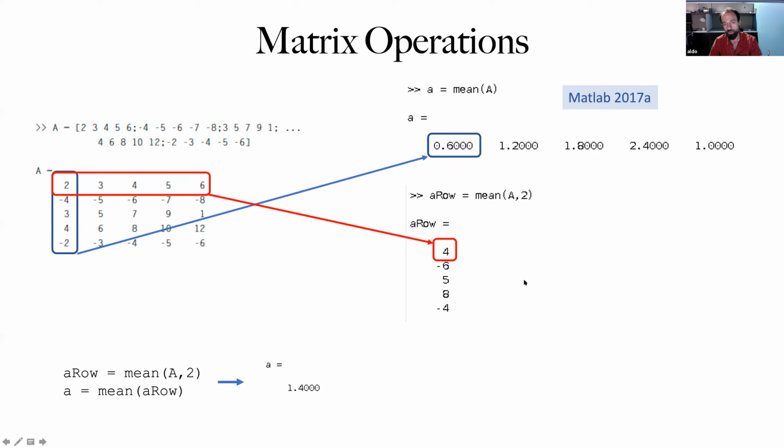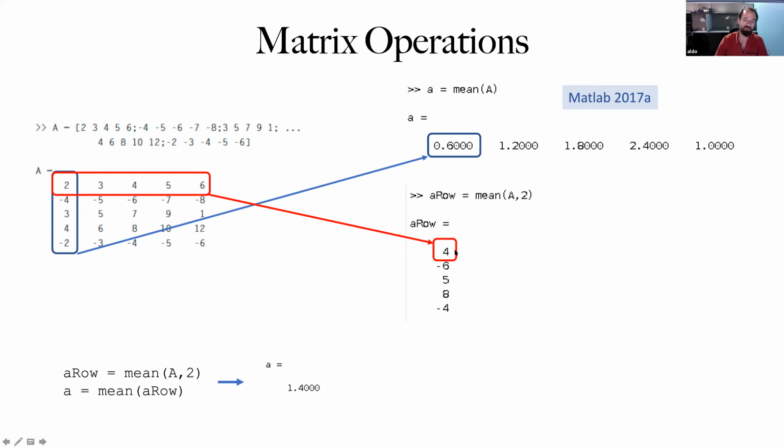With newer versions of MATLAB, they implemented an option called all that allows you to directly calculate the mean value over all the elements of a matrix. Although that's not available in the version installed on the Agave cluster, it's easy to work around it.